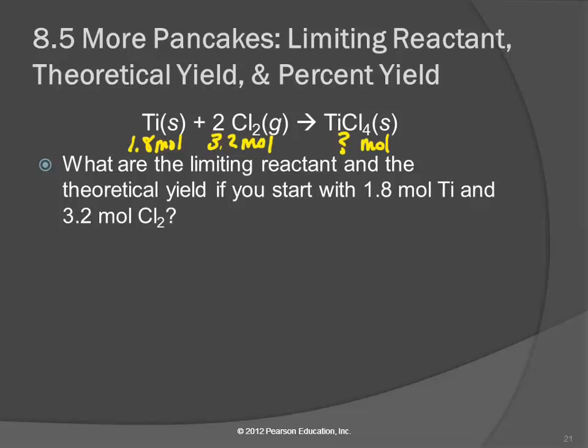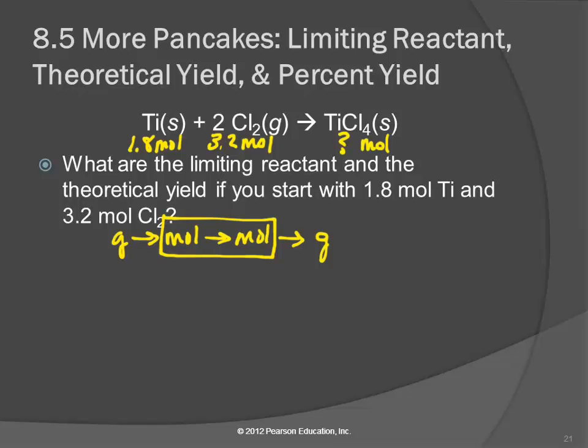So we're given moles, we're asked for moles, and so we think, well, our map, you told us the map was grams to moles to grams. And sometimes students get confused and they say, well, then this one must be moles to grams to moles. No. This one is easier, it's just the part in the middle.